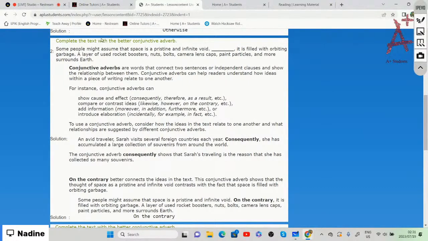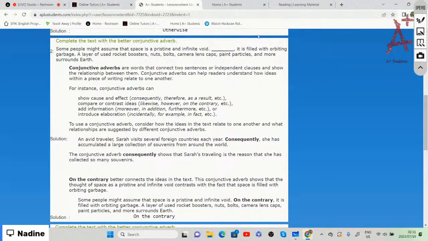So here we are basically seeing almost like a contrast between how somebody perceives space. However, somebody also saying that it is basically just garbage, right? It is basically just dirt up there, right?